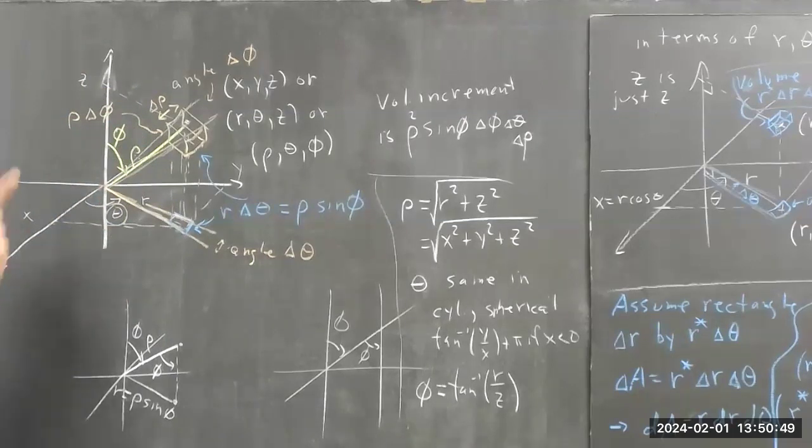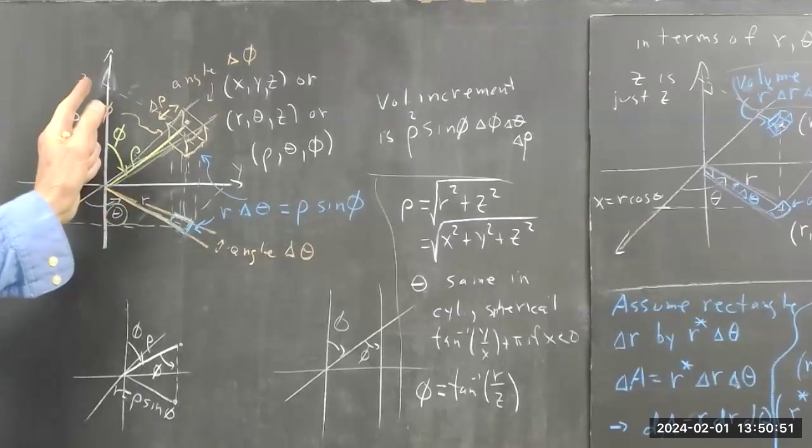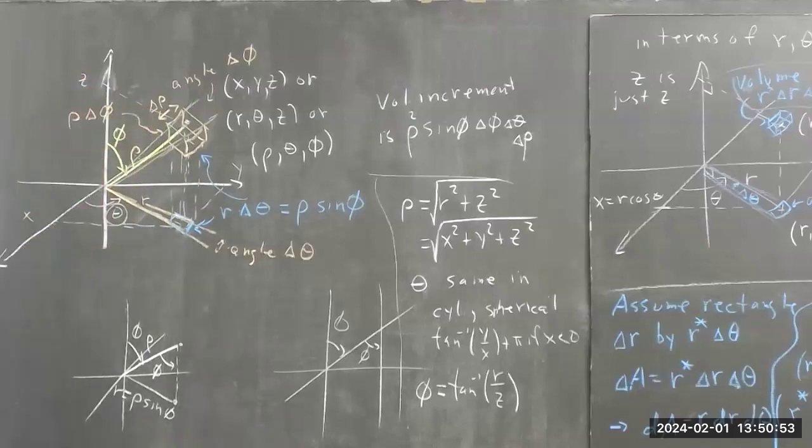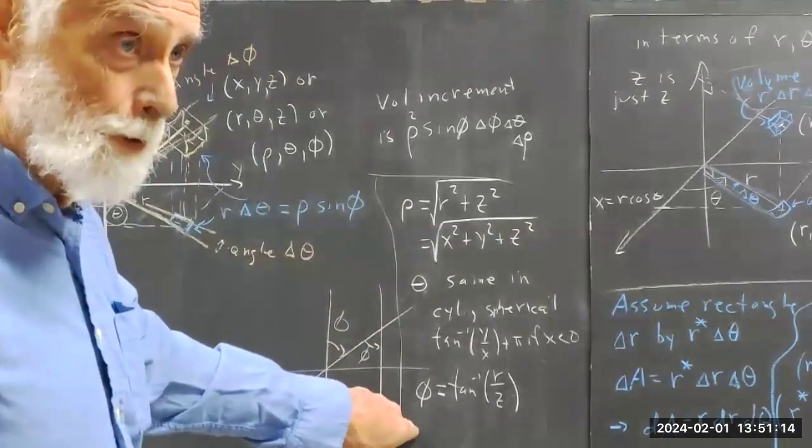Actually, the angle is between 0 and pi. But the arctangent is officially between negative pi over 2 and pi over 2, and it's not looking right to me right now. I'm not going to worry about it.